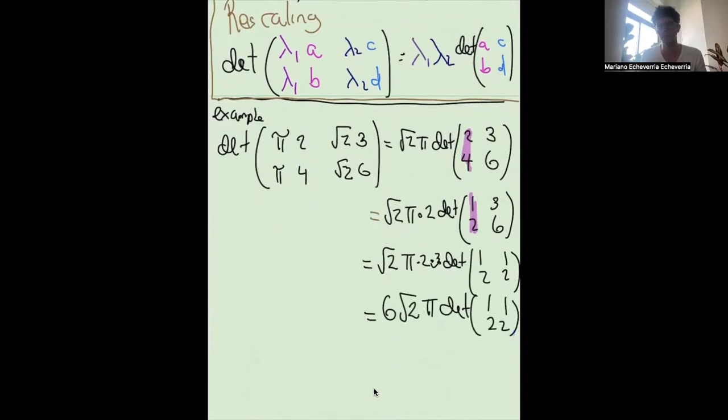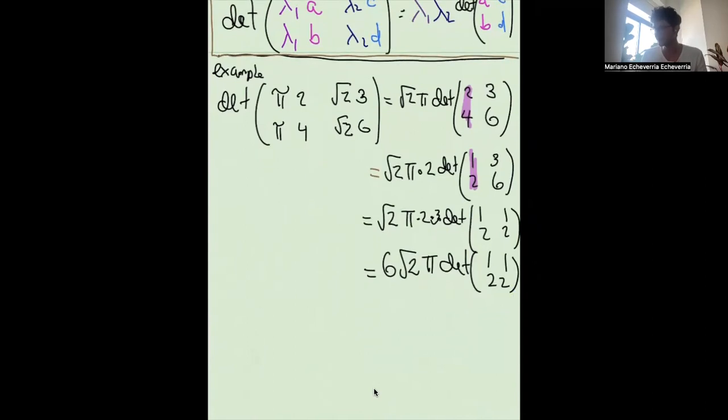Because once you think about it this way, the two vectors are the same. Here you have 1, 2, and here you have 1, 2 again. So there's no area for that parallelogram. The vectors are parallel. They're the same vector. So that's why this area would end up being 0.